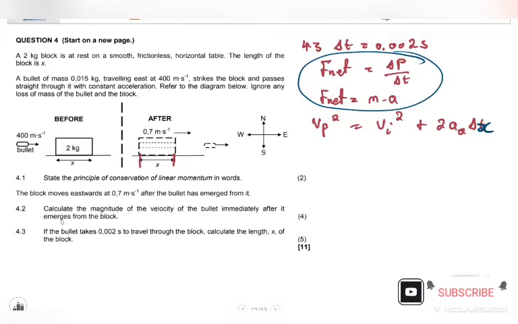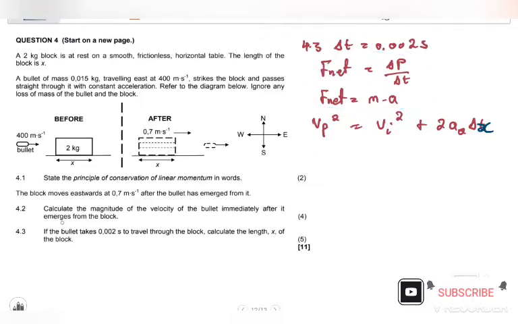So we have a force that's exerted on the bullet from here up to this position. If we have that force, then we can calculate the acceleration from here up to there, because they said the acceleration is constant, so the force was also constant. So without wasting time, let's do this.